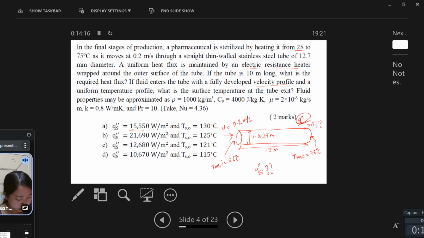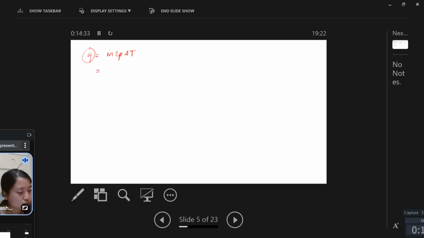But rho and all are given. M dot means rho into V into volume, right? This is m dot, that means mass rate, not a mass.